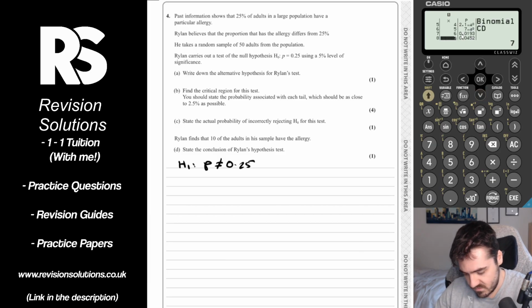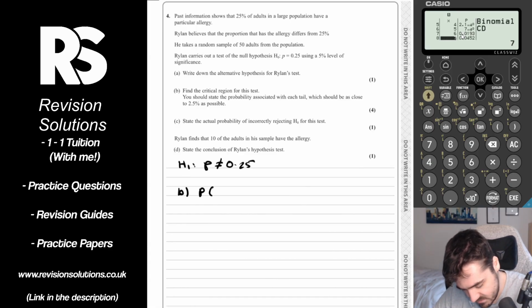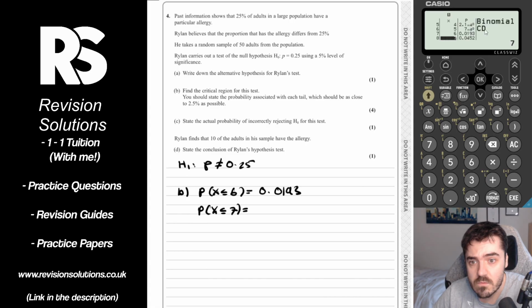So let's write this down. So for part B, the probability x is less than or equal to 6 is 0.0193. And the probability x is less than or equal to 7 is 0.0452.